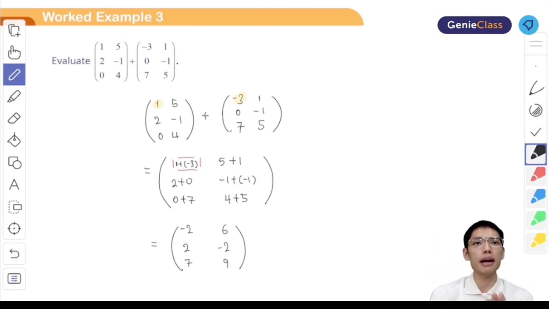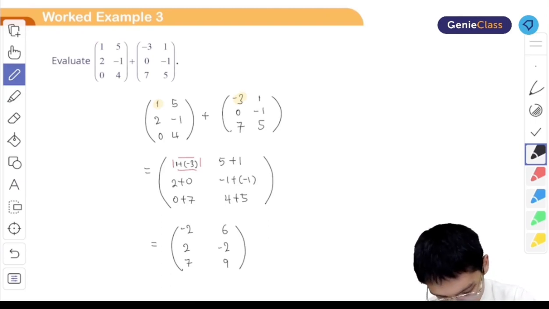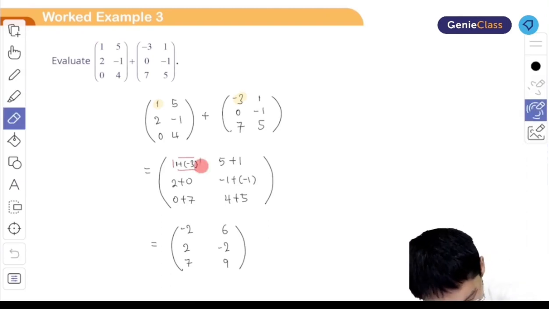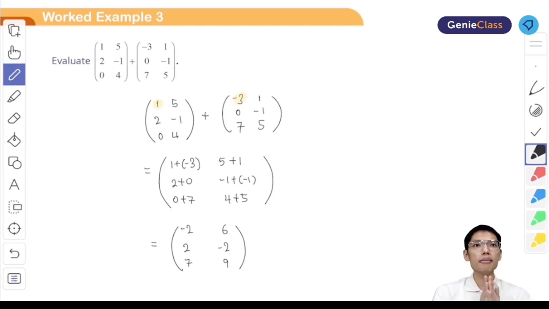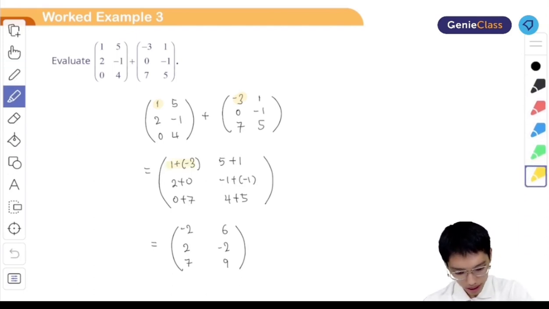Just add them as of their positions. Let me write this a little bigger for everyone to see. Adding them according to their positions, you are going to get the corresponding answer.